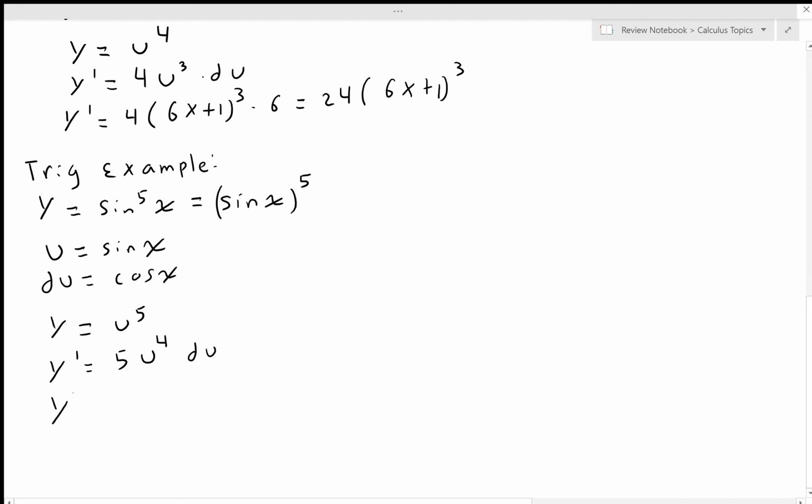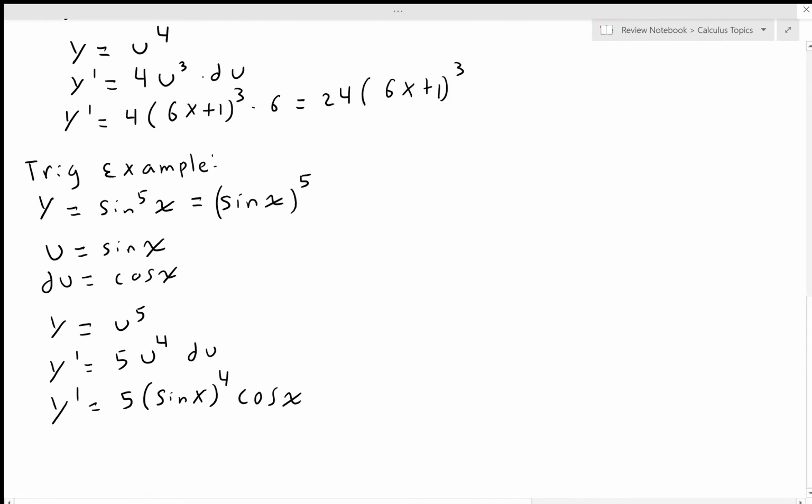Plugging it in, 5 times the quantity u is sine of x, so I can say sine x in parentheses to the 4th, times du, which is cosine x.